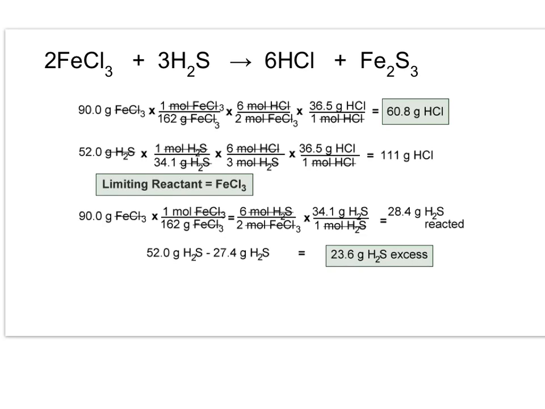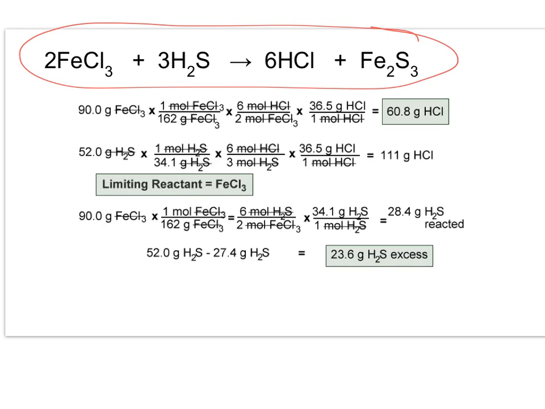Okay, so I just wanted to show you another problem, because there are several different ways that you can actually do this. So here's my balanced reaction, all right? And obviously I've got 90 grams of my iron 3 chloride, and I've got 52 grams of my hydrogen sulfide. And the problem is asking how many grams of the hydrogen chloride I'm going to make.